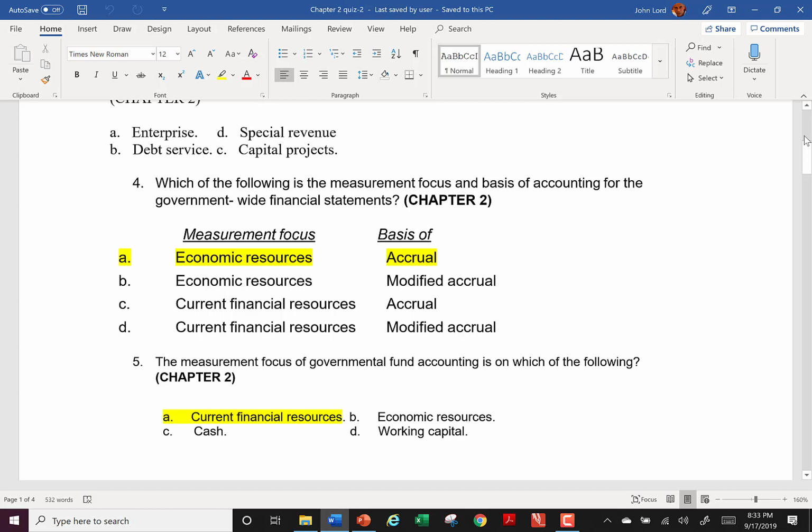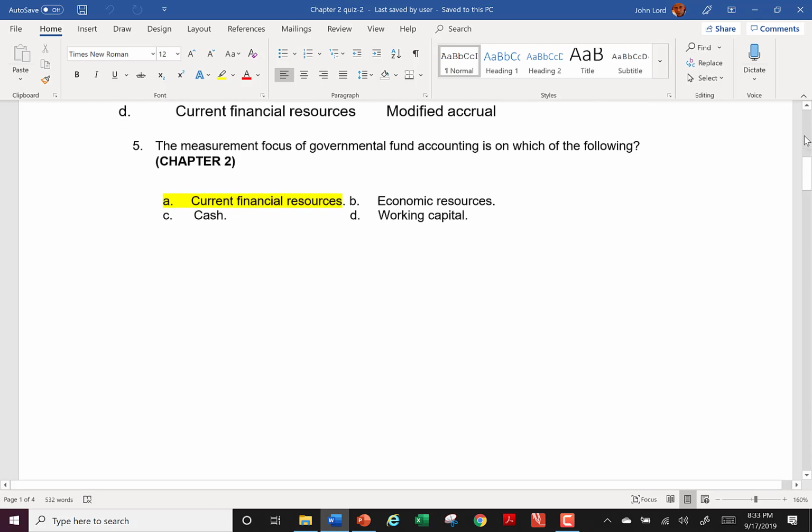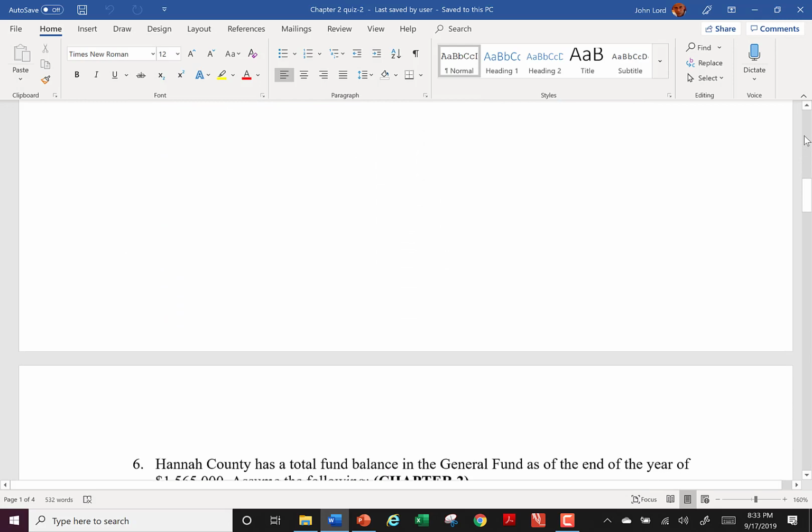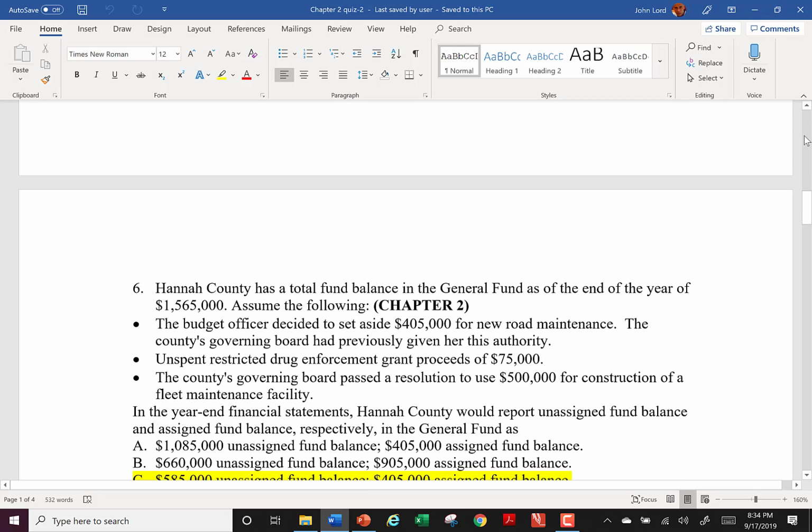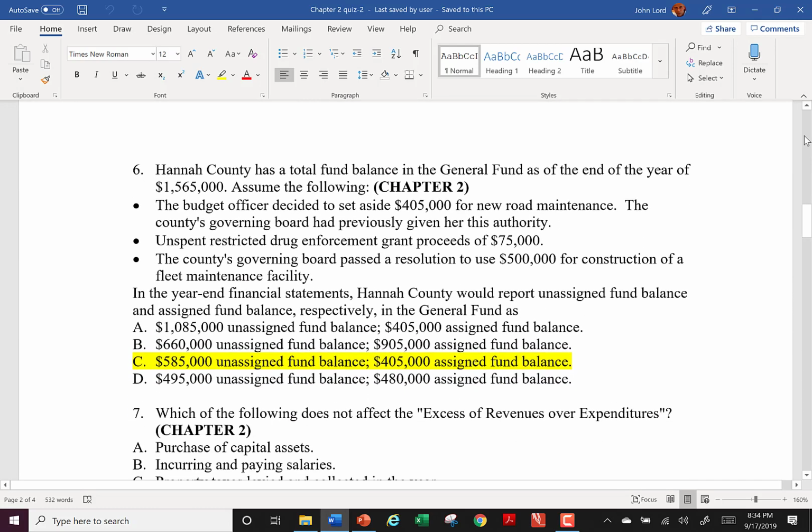Number 5, the measurement focus of the governmental fund accounting is current financial resources measurement focus, modified accrual basis of accounting, right? Do you like that one table that I put the stars on? Yes. Okay, good. Now this question is going to be a little bit harder than some of those other ones that we saw.